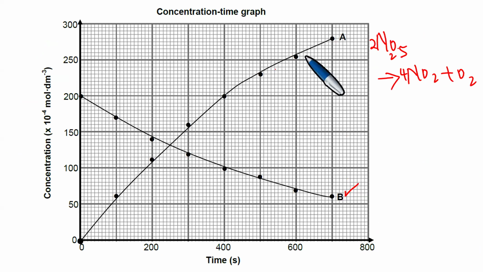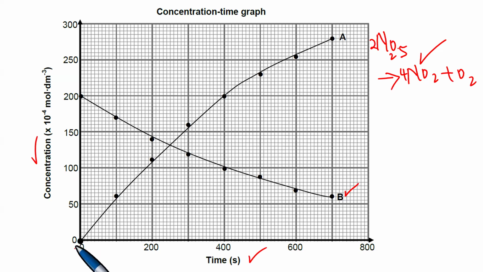Okay, they're telling us that A represents a change in the concentration of NO2. But we can see that NO2 is indeed a what? It is indeed a product. But we need to give a reason why A represents a change in the what? A change in the concentration. So a couple of things are very important: in the beginning, we're able to see that the vertical axis is the concentration axis, and the horizontal axis is the time axis.